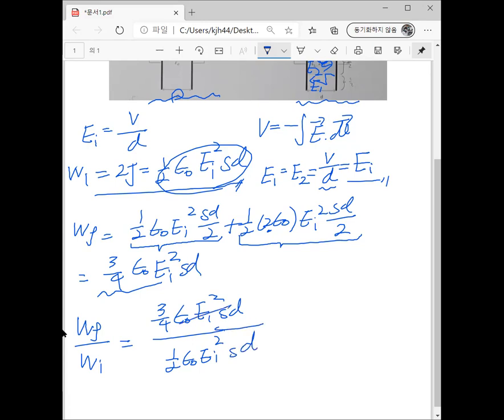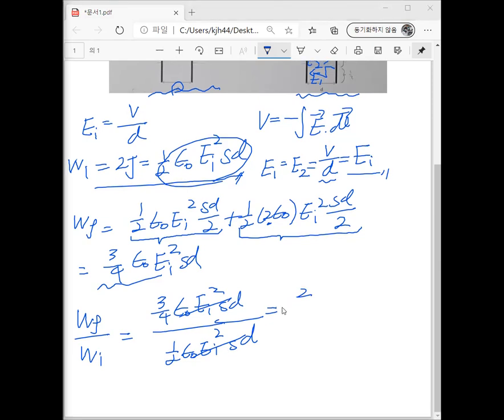So we can erase this part. So the ratio between the final state and initial state will be 3/2.